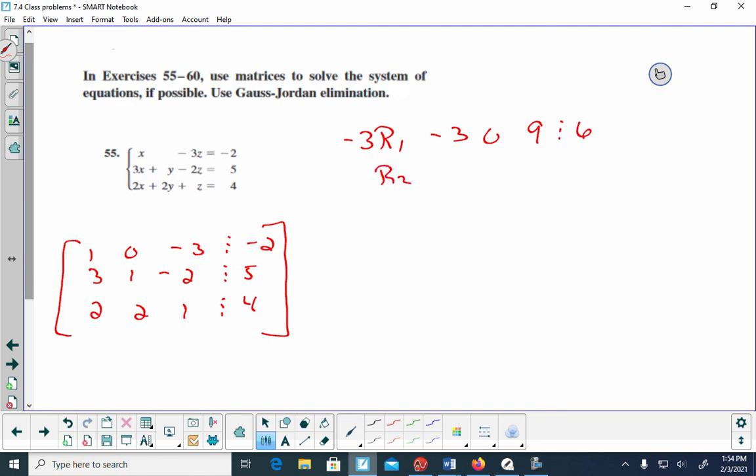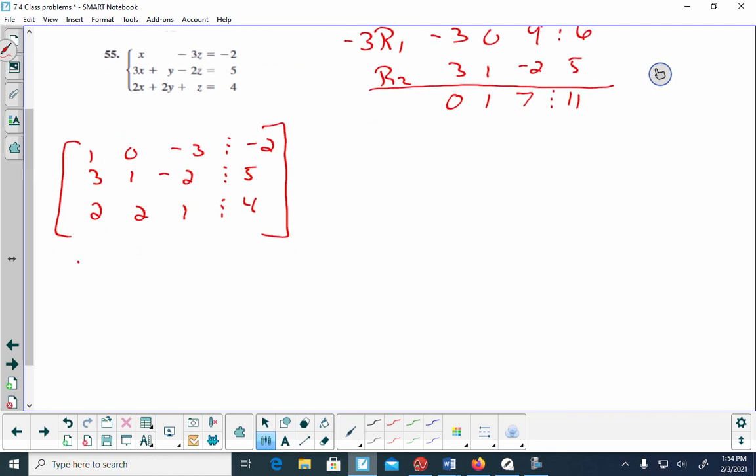Copying down row 2, I'm going to have 3, 1, negative 2, 5. When I add, the 3's will equal 0. 1, 7, 11. So I'm going to write that down. 1, 0, negative 3. And then 0, 1, 7.